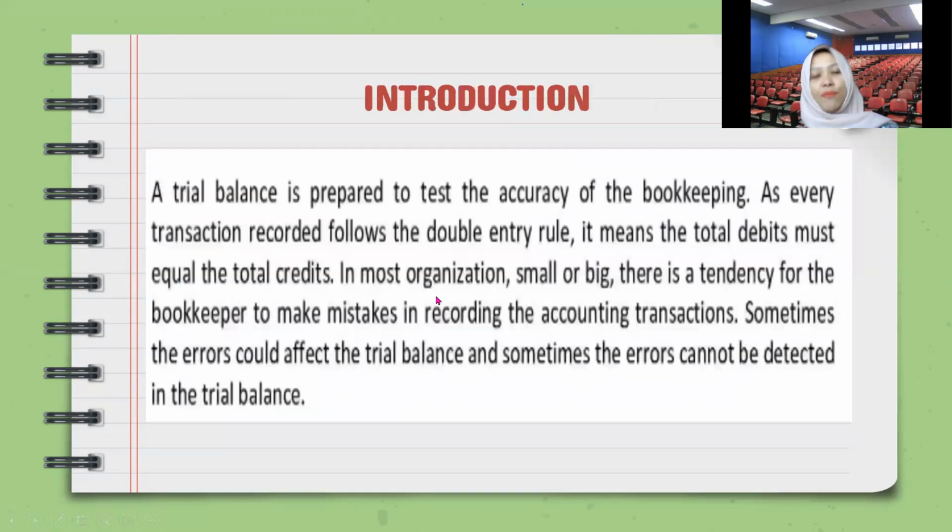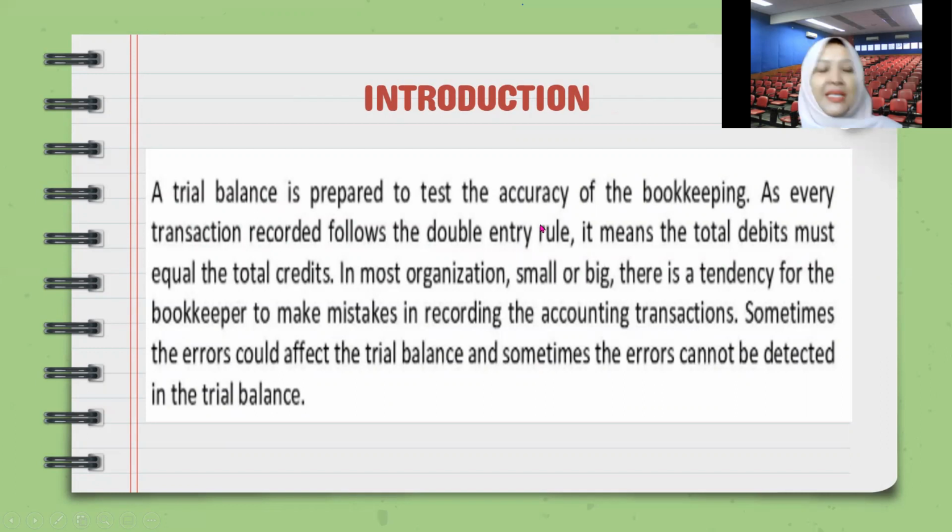Now, this is the introduction of your topic. As you know, in semester 1, you learned how to prepare a trial balance before you prepare your financial statements, your SOPOL and also your SOPI. Before you prepare that SOPOL and SOPI, you have to prepare your trial balance. Why? Because it is to test the accuracy of your bookkeeping.